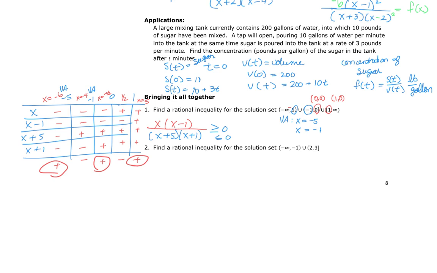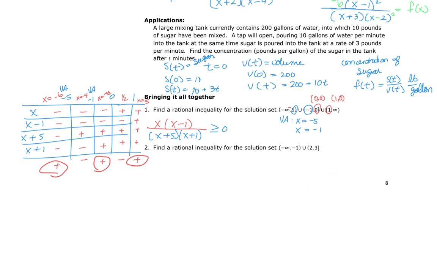So I want where this graph is above the x-axis, so I could do that. Or I could have had a negative out front of x minus 1, which would have been the graph I erased. And then I would have said where this thing is less than or equal to 0, and that also would have satisfied this inequality.